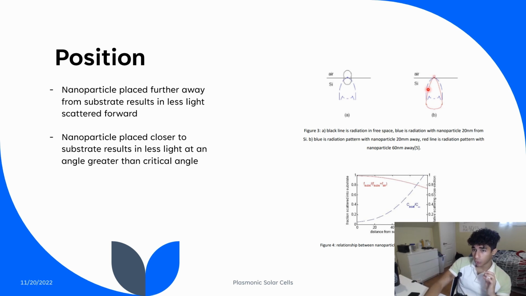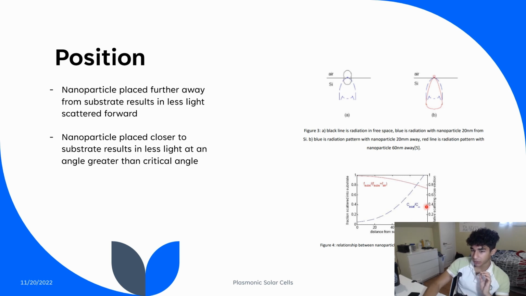While the blue particle, which is closer to the semiconductor, is going to have more light go into the semiconductor, but less light at an angle greater than the critical angle. So there is a compromise in the position that we have to choose. Now if you look at figure 4, which summarizes what I just said, the bottom axis is distance from the substrate.